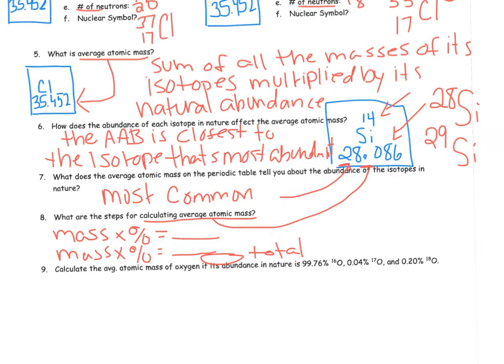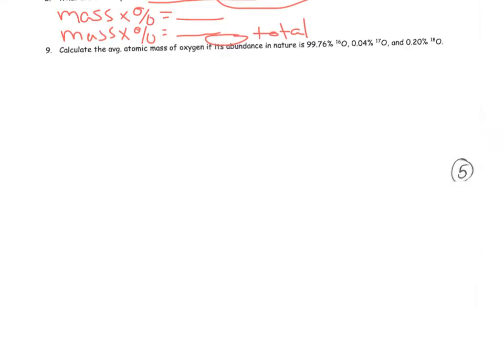Okay, honestly, the easiest way for me to do this is to probably show you how to work out a problem here. So calculate the average atomic mass of oxygen. I have oxygen 16. Oops, I need to rewrite that or I'm not going to be able to read it. Oxygen 17 and oxygen 18.